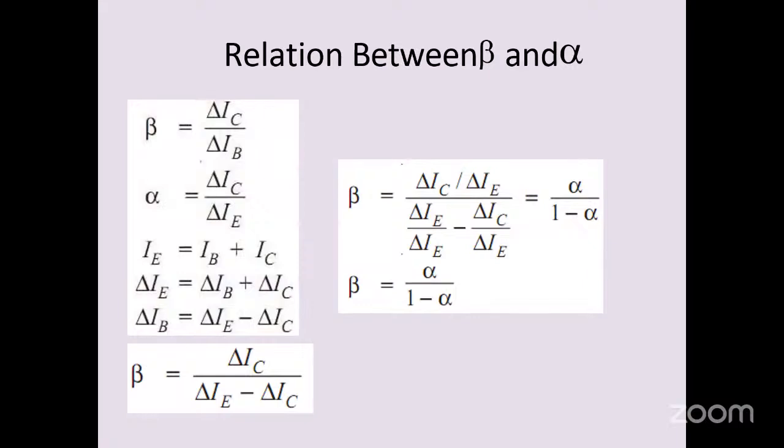What is the relation between alpha and beta? Alpha is delta IC by delta IE. Beta is delta IC by delta IB. You know pretty well IE equals IB plus IC. If you put a delta here, the same thing, then delta IE minus delta IC gives delta IB.